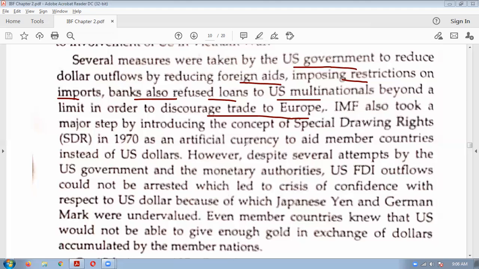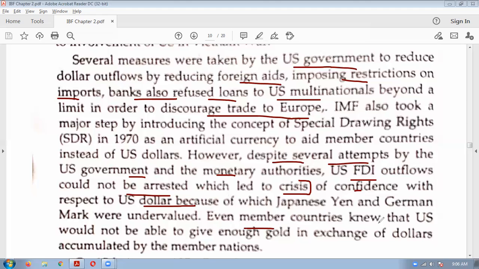But despite all these attempts by the US government and monetary authority, the US FDI outflow could not be arrested, which led to a crisis. In spite of all these efforts, there was a huge outflow of dollars from the USA, which led to a crisis of confidence in the US dollar.